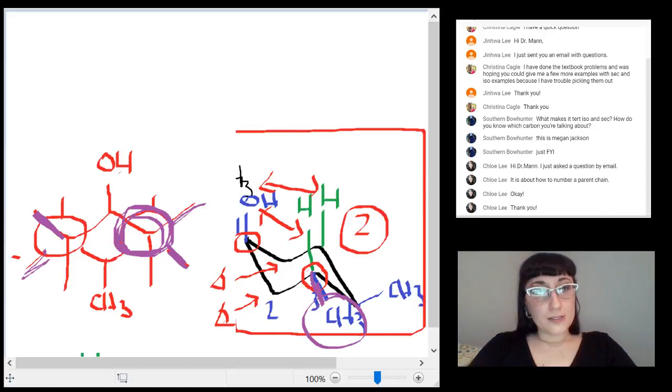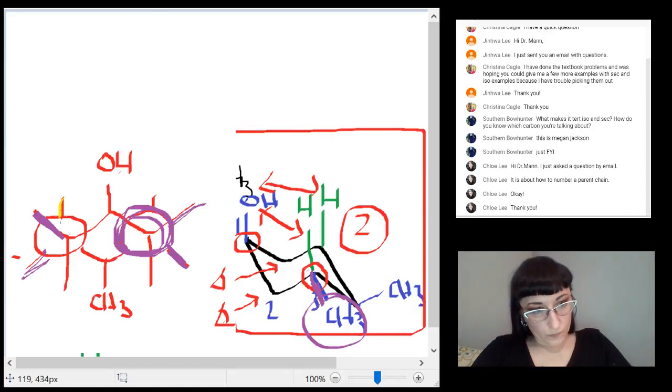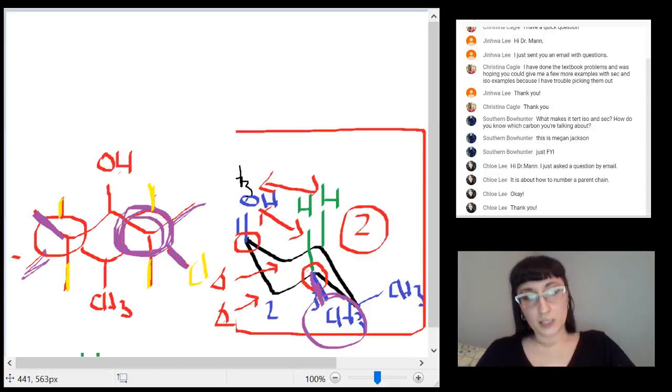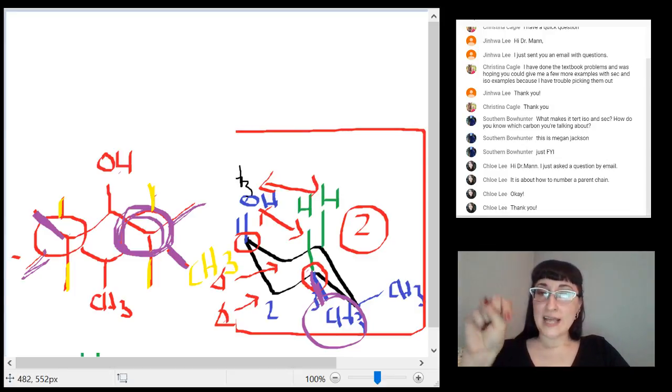And the ones going straight up and down, those are your axial positions. So that methyl group is coming off on that position back here. Okay, it's pointing down and in the equatorial position.